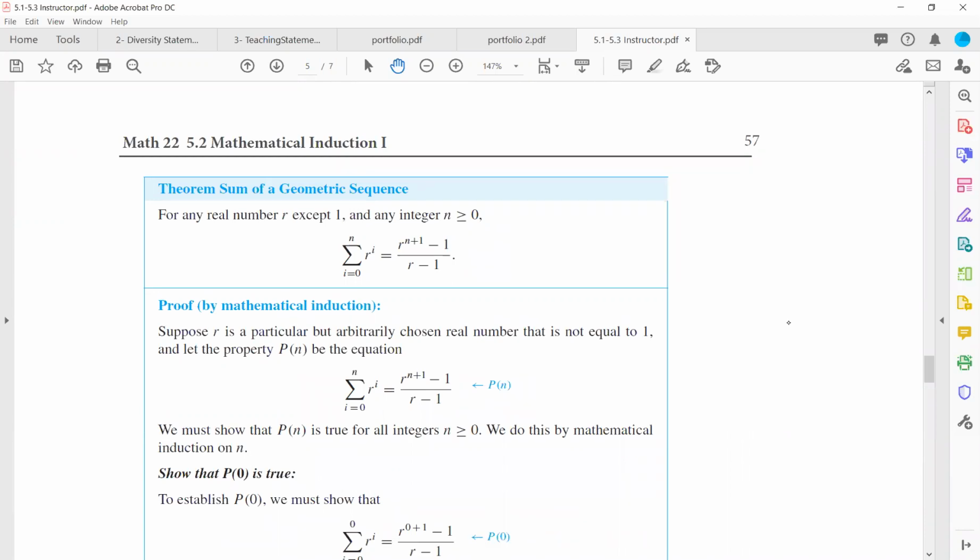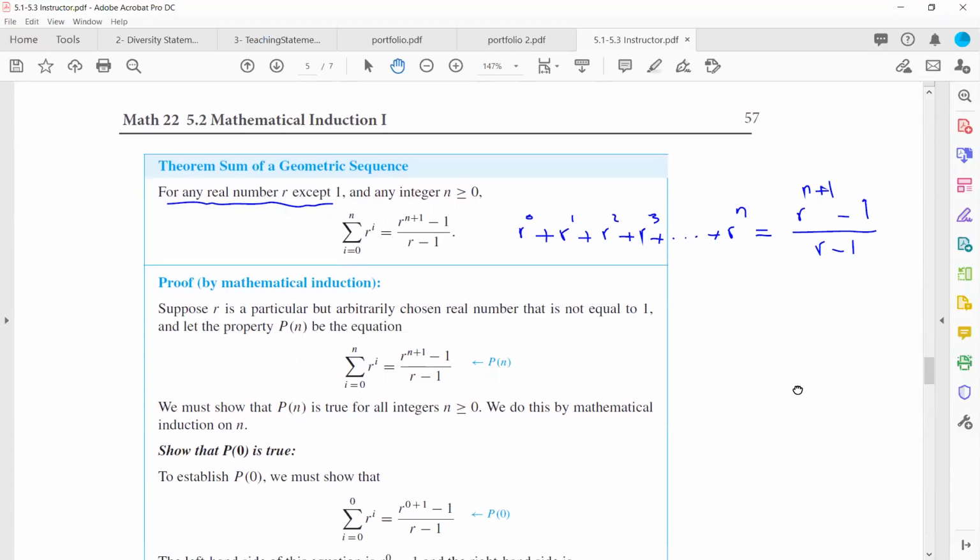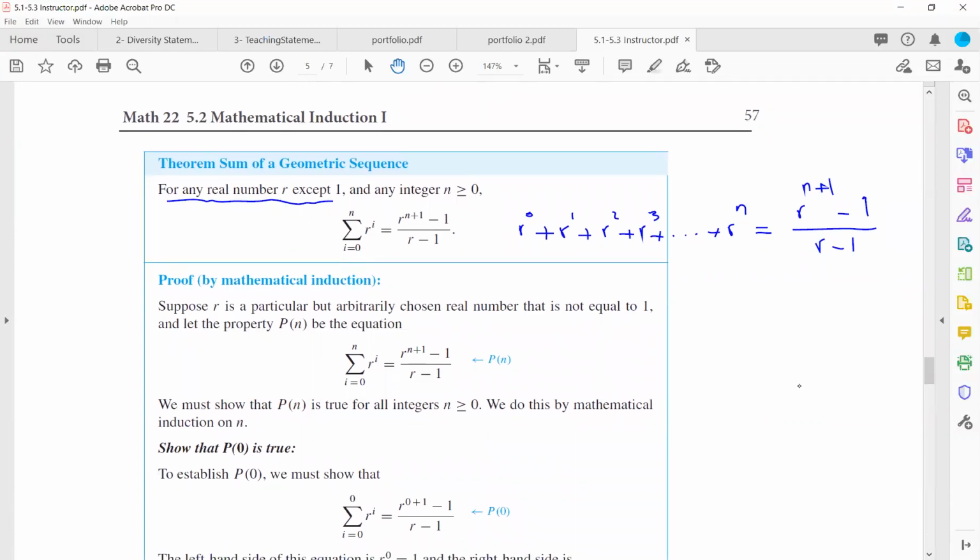For any real number r, except 1, and any integer n greater than or equal to 0, the sum r to 0, r to 1, r squared, r cubed, dot, dot, dot, r to the n is equal to r to the n plus 1 minus 1 divided by r minus 1, which is the geometric series that you saw before. We can prove this formula by using mathematical induction.